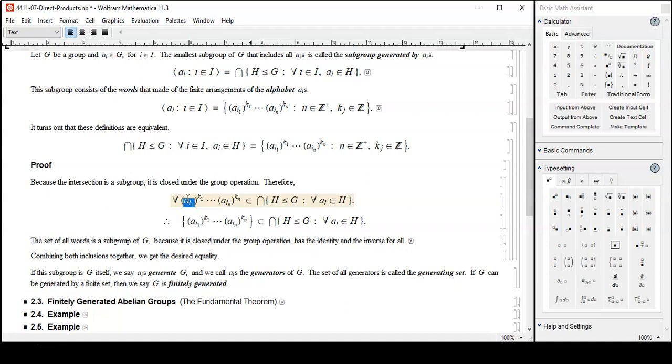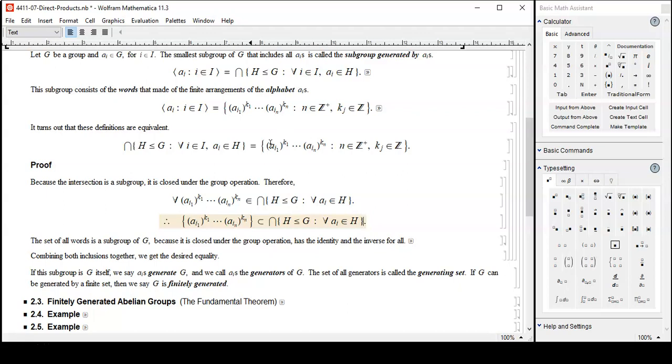So each of these belong to the intersection. So any k power belongs to the intersection. And then any multiplication of those belong to the intersection as well, because this intersection is a subgroup. It's closed under the group operation. As a result, the arbitrary expression here belongs to the intersection.